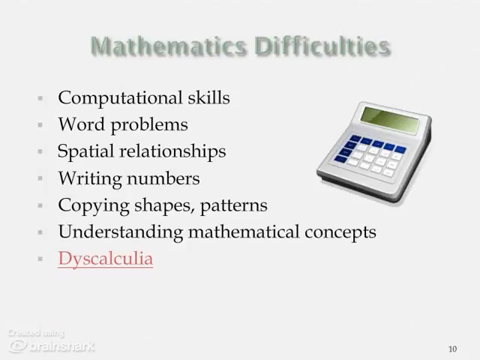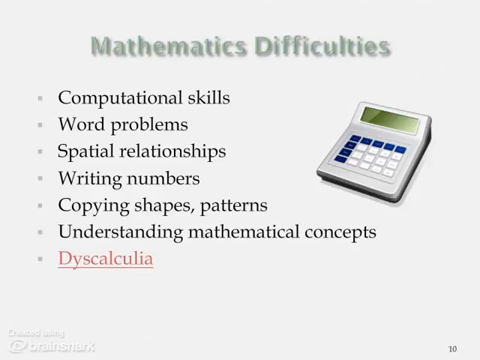Just like the language difficulties, math could be all over the place. It could be something just with word problems, not understanding how to read and kind of extract information from word problems. It could be copying shapes and numbers, understanding concepts, or it could be strictly computational. It could be a mix. There could be strengths and weaknesses. So just know that there's a pretty wide range, and each student is going to have their own profile, if you will, when it comes to strengths and weaknesses, both within a subject area.